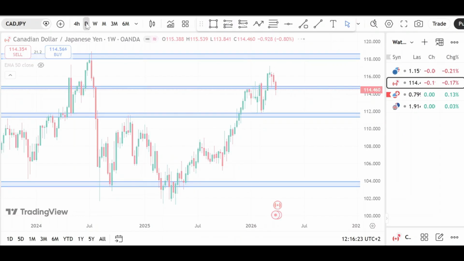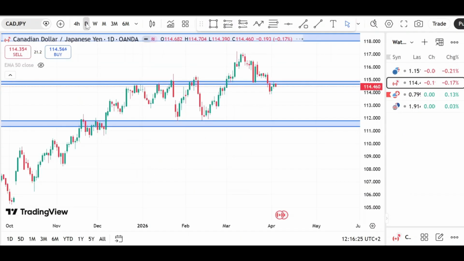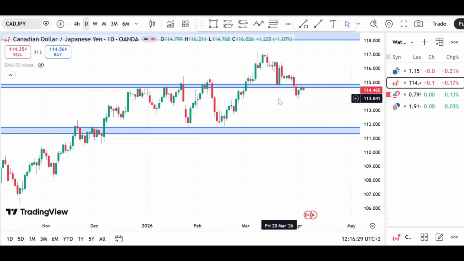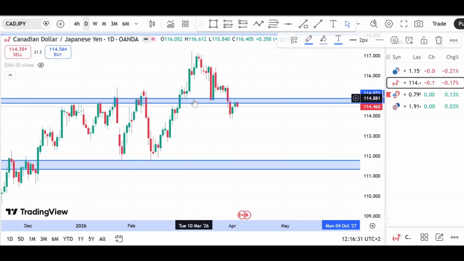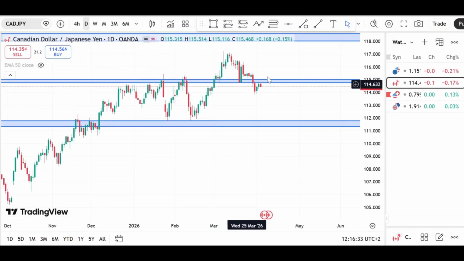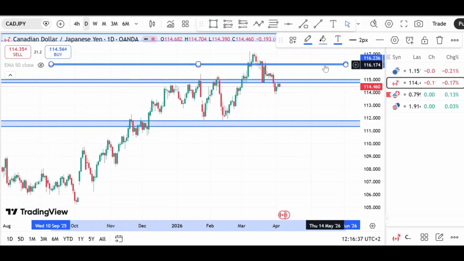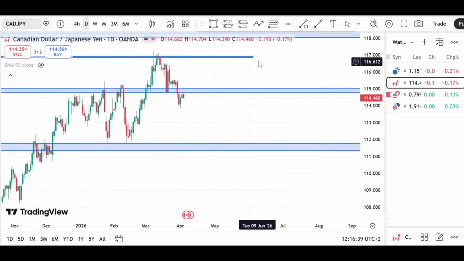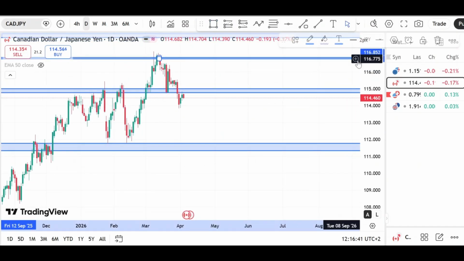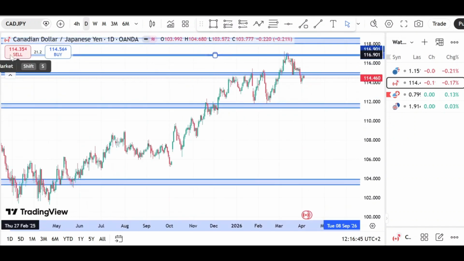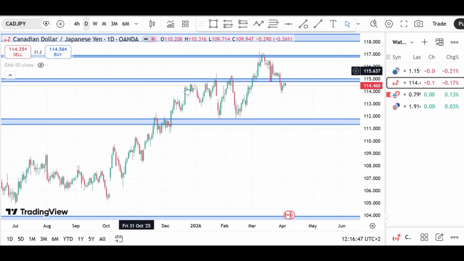Let's go to the daily to see if we can capitalize on this move. As we can see on the daily structure, we are in a downtrend. Let me show you. You can see we were initially in an uptrend.